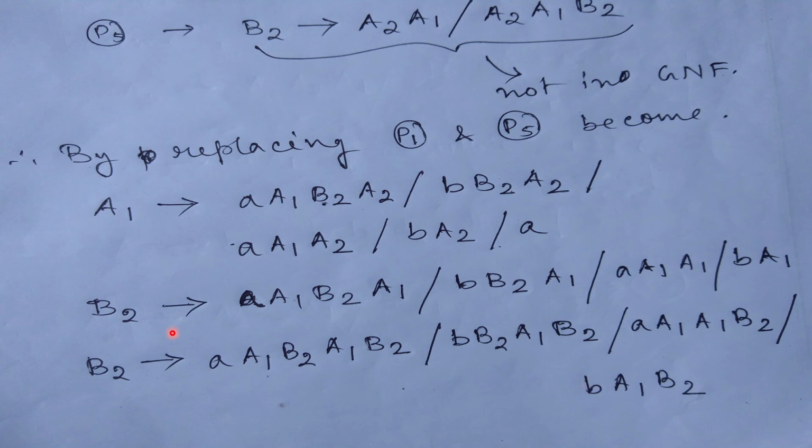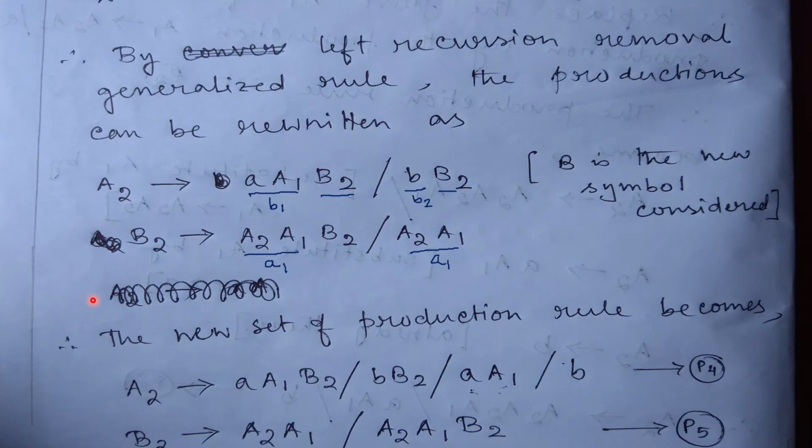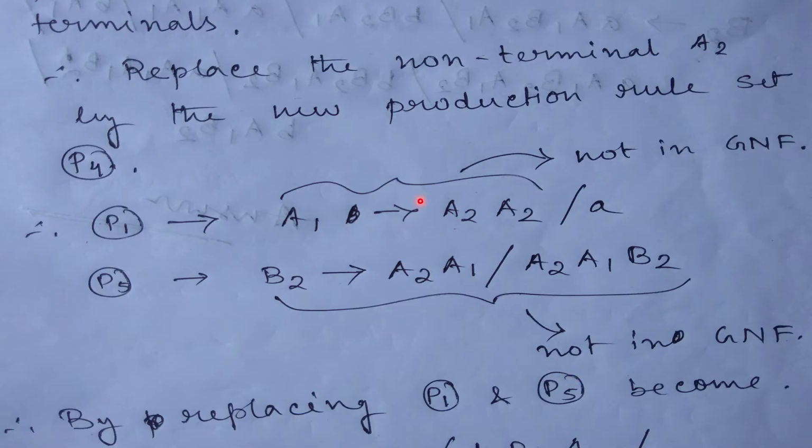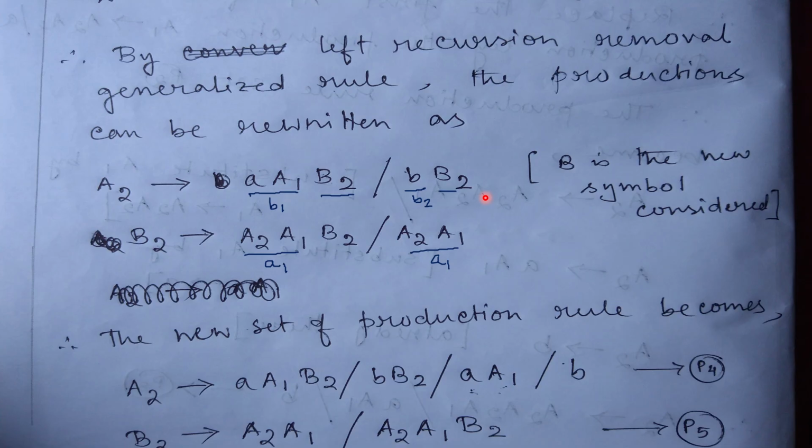You see, A2 has 4 options, right? So when you replace A2 in this production rule P1, you have to replace it with all these 4 options. So now the 4 options are what?